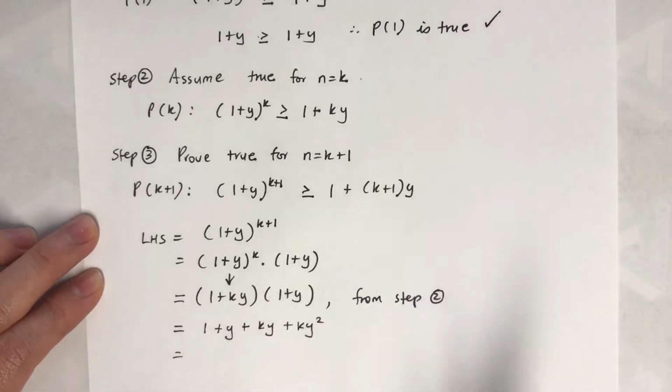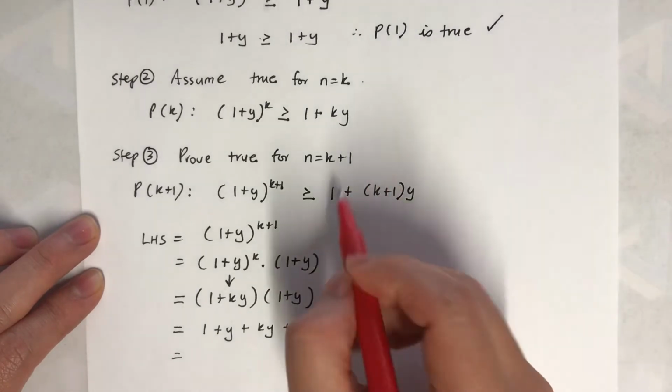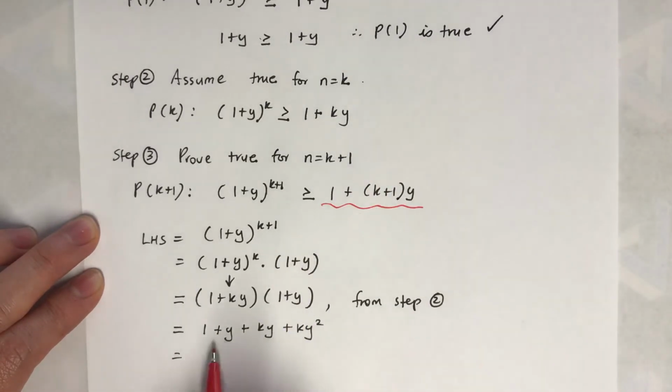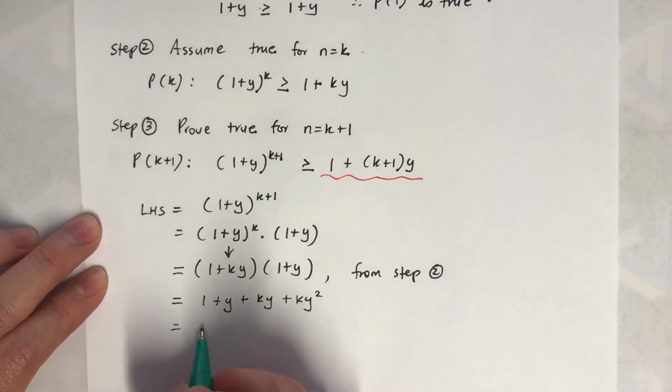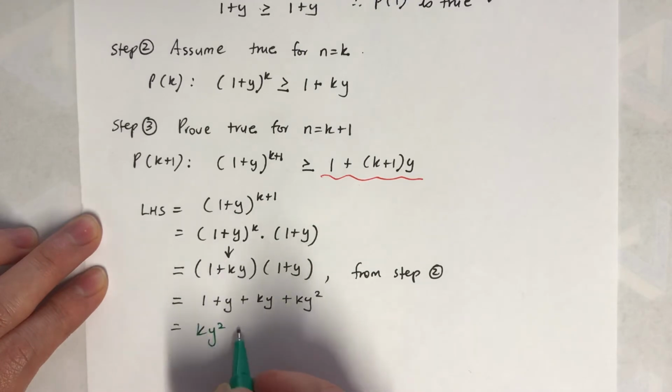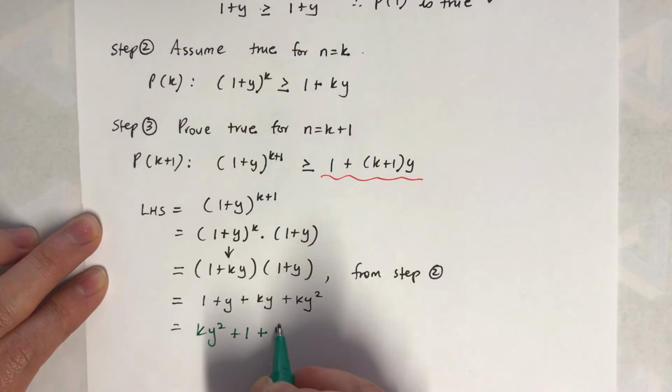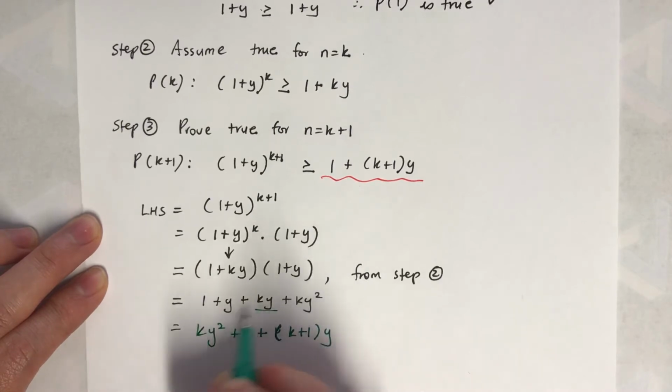I want this to look like this. Okay, so I need to tighten this one up. It looks like this. So I'm going to use a different color. Plus 1 plus, just keep it the same, because that is this one, and put 1 there.